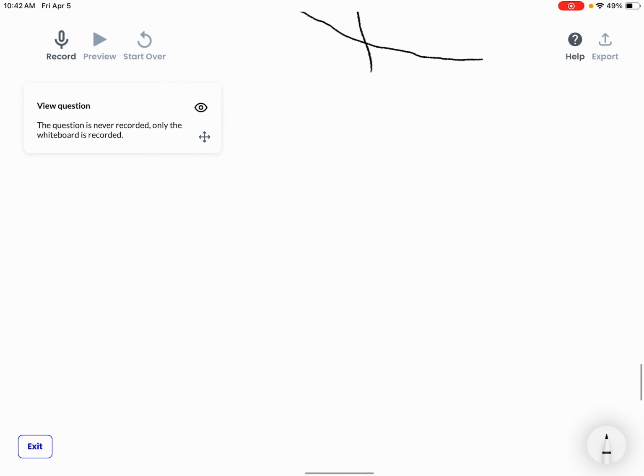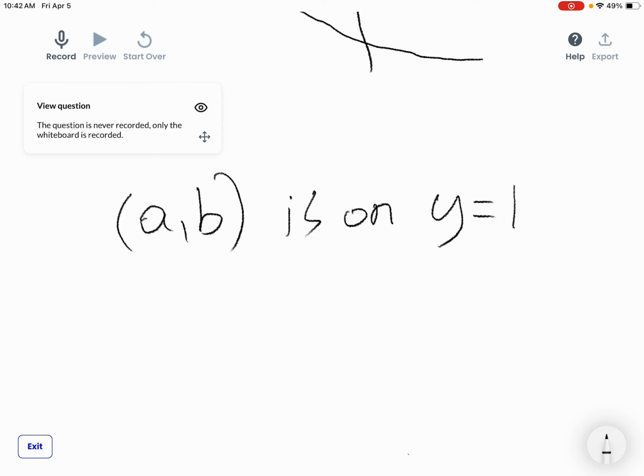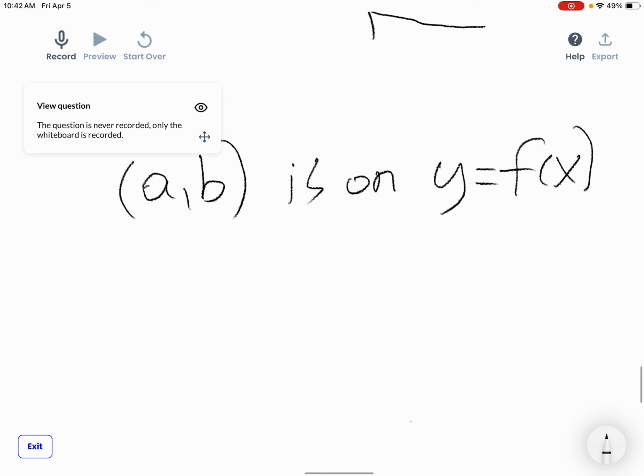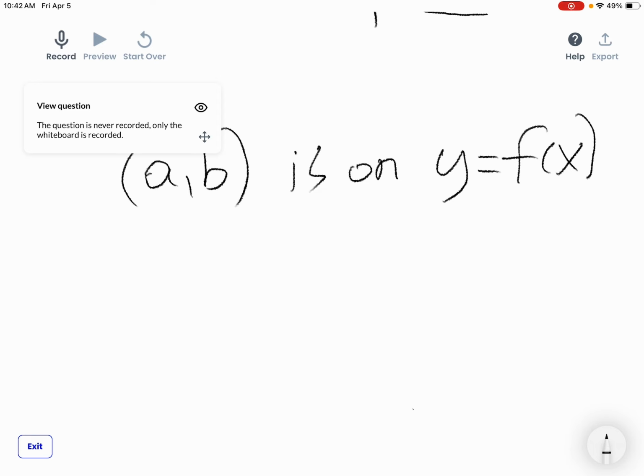Something else you're going to see for sure is if you have, let's say, a point on the graph. Let's say you're given some point AB. So given that AB is on the graph of y is equal to f of x, you want to know where that is going to go on the graph of g of x, where g of x is a transformation on f of x.